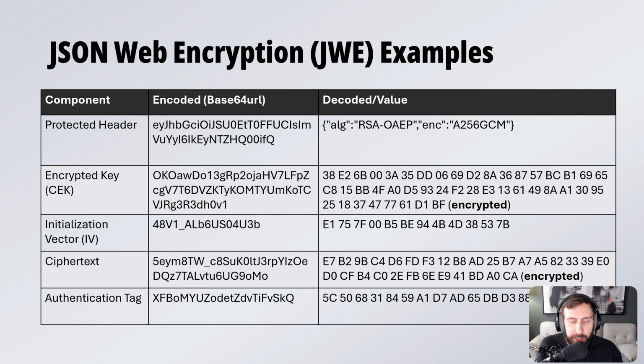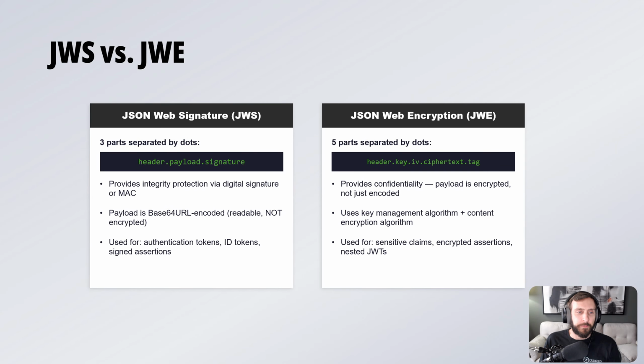We have the encrypted key, which if we decode it, is data that is encrypted. We have the initialization vector, which, again, is data that we can't do much with without the key. We have the ciphertext, of course, which is our encrypted payload, and we have the authentication tag at the end. So these tend to be not that useful for viewing as a human, at least not without the appropriate key material.